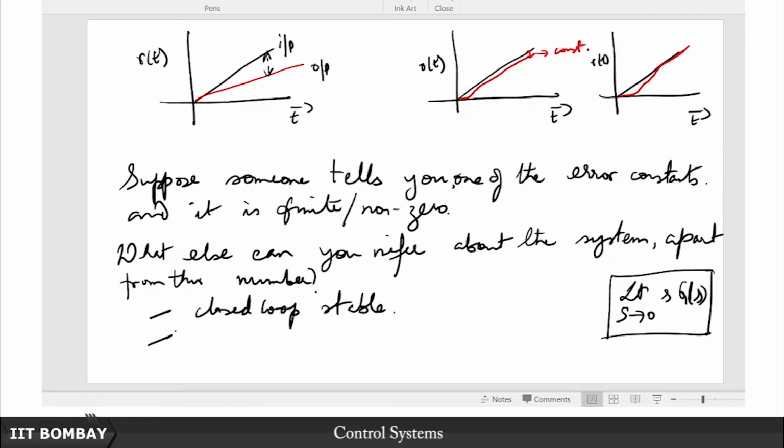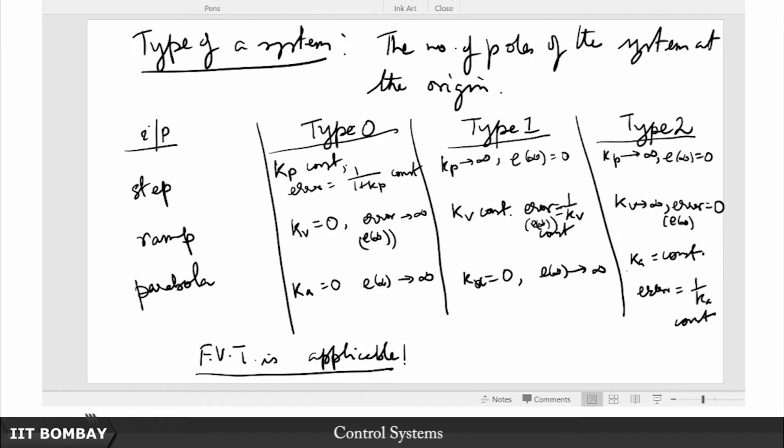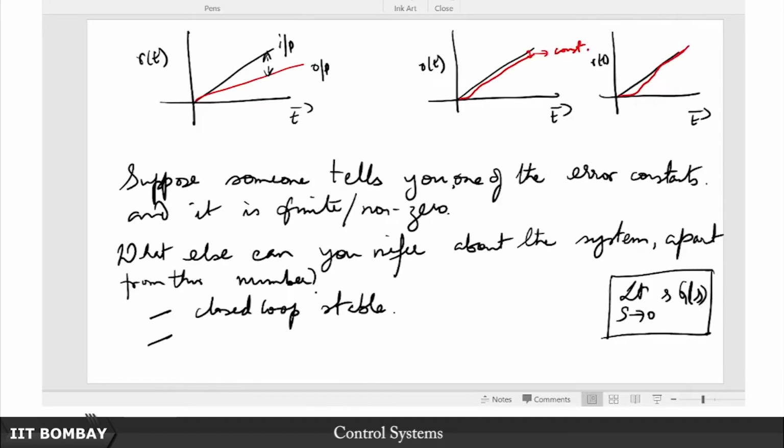What's the second information the person is giving me? Look at this table here. So if I'm giving you Kp, doesn't it also mean that I've been using a step input, right? So I immediately know, depending on the error constant that the person is giving me, what type of test signal is of our interest.